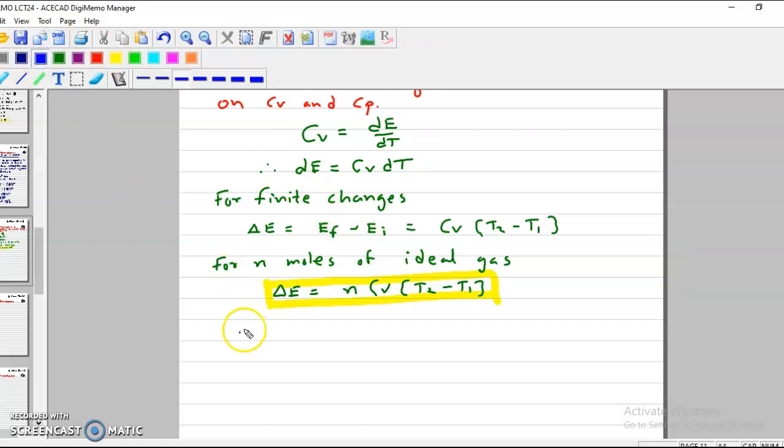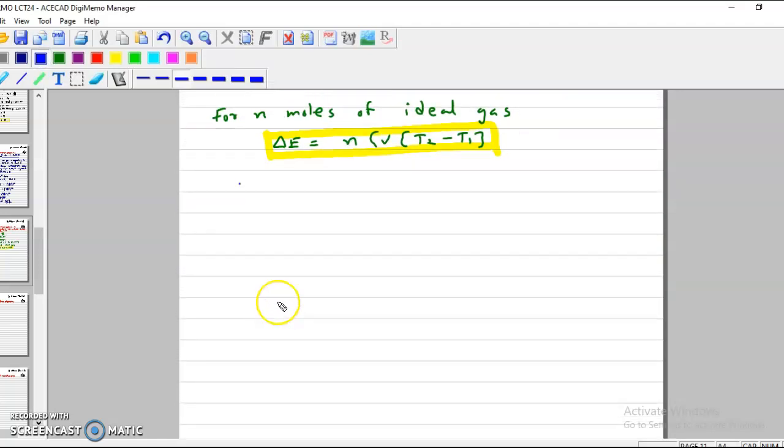Okay. Now for delta H we have another formula. Delta H is equal to delta E plus delta PV. So we write delta H is equal to delta E plus delta RT if n equal to 1.